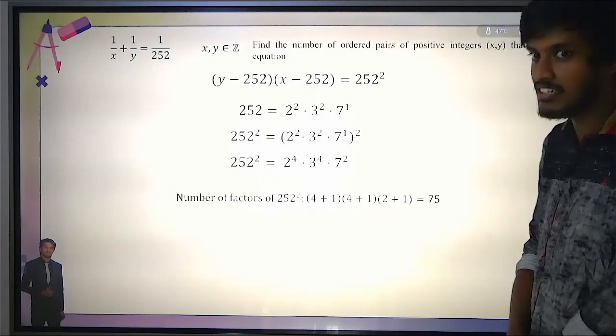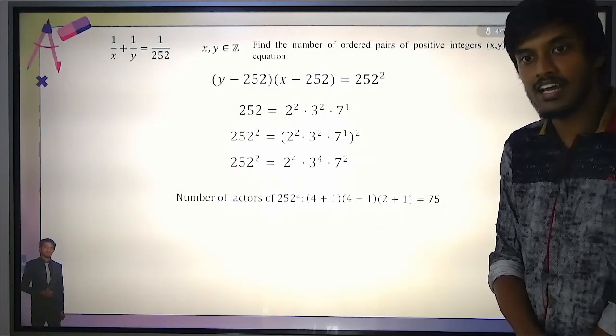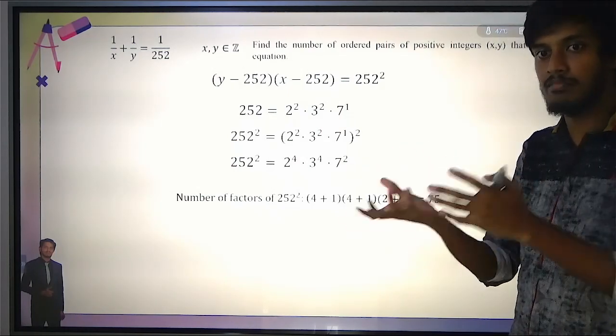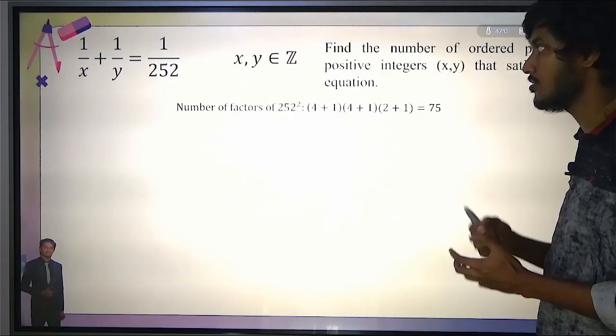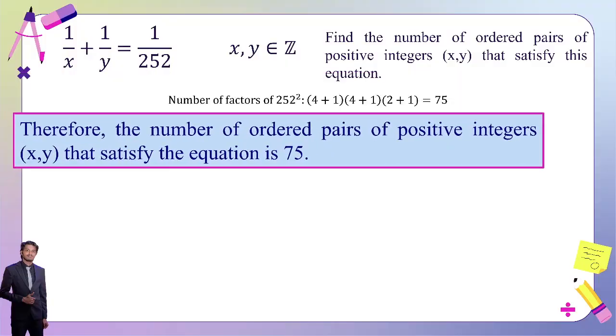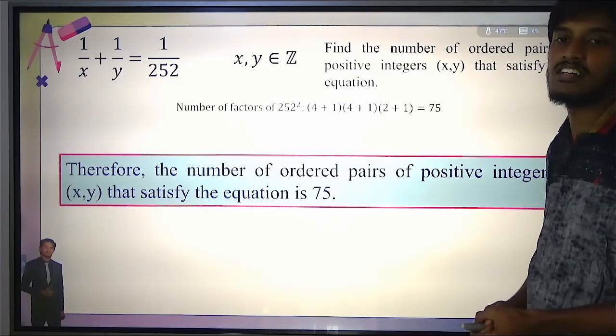So there are 75 different ways 252 squared can be written as a product. So each of those instances can be equated to these two terms and answers can be found. Therefore, the number of ordered pairs of positive integers x, y that satisfy the equation is 75.